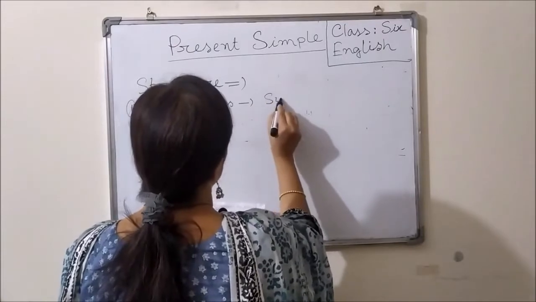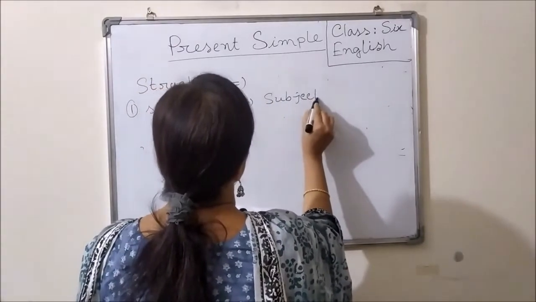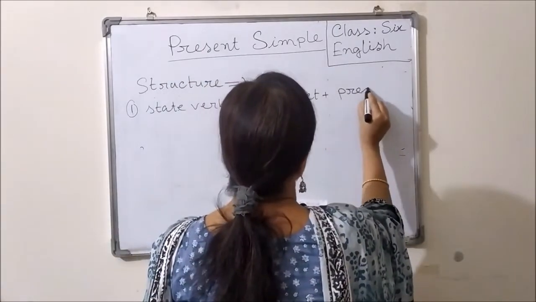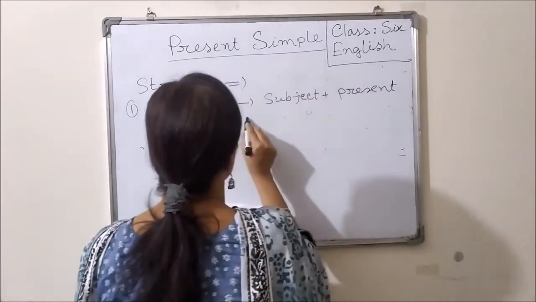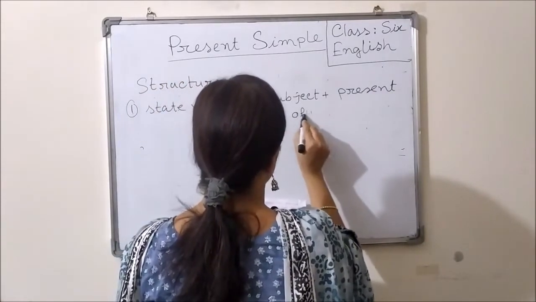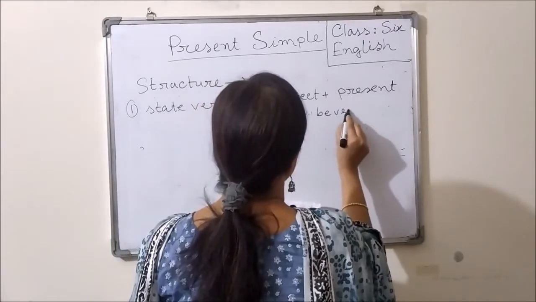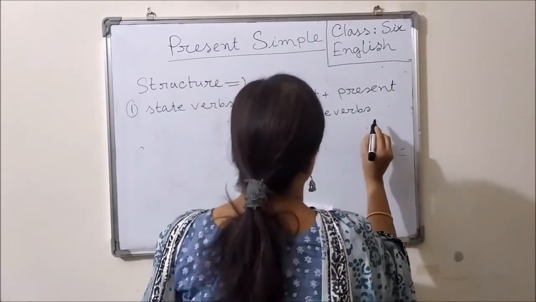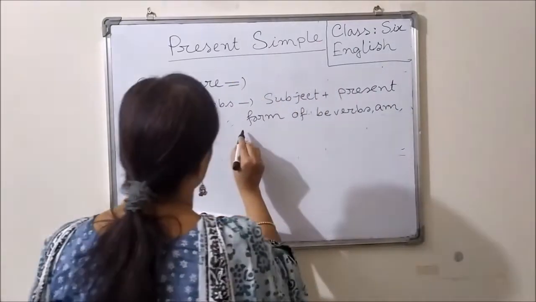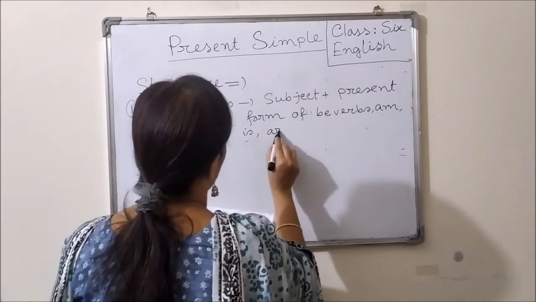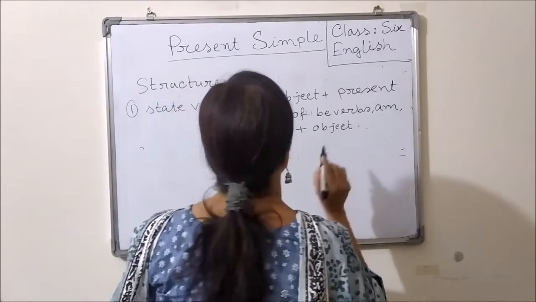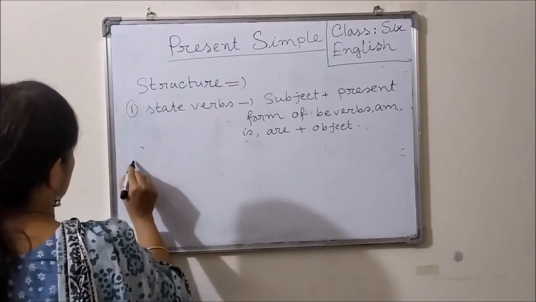Here the structure will be subject plus present form of be verbs, that is am, is, are, plus object. The second one, action verb.